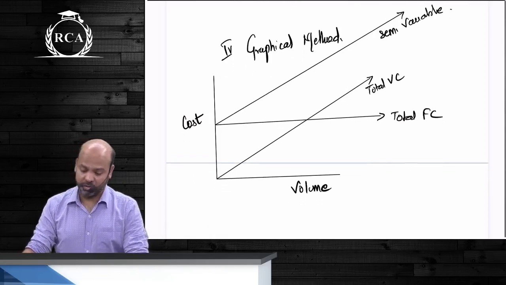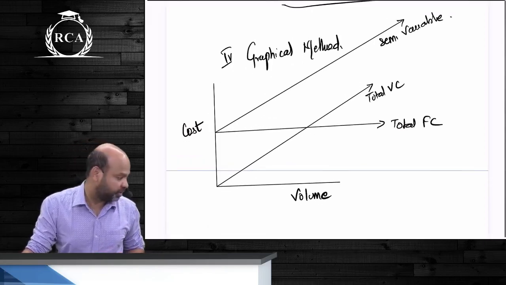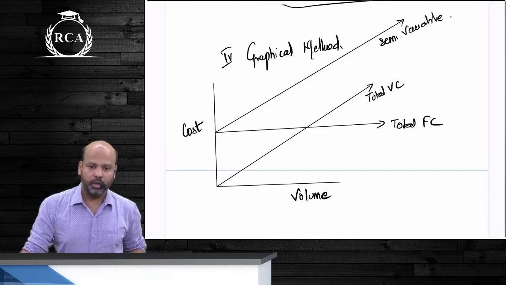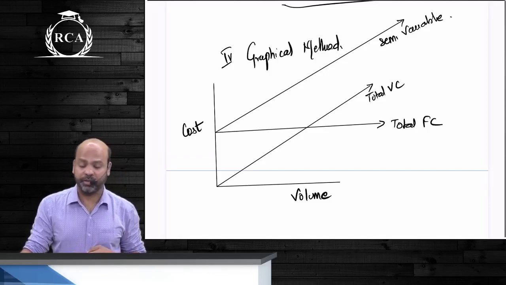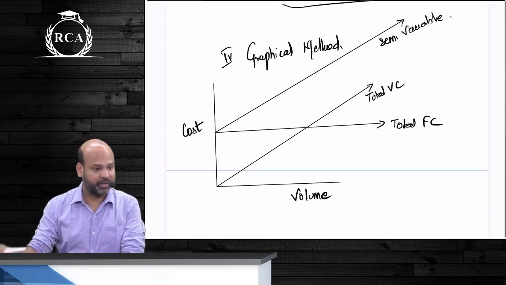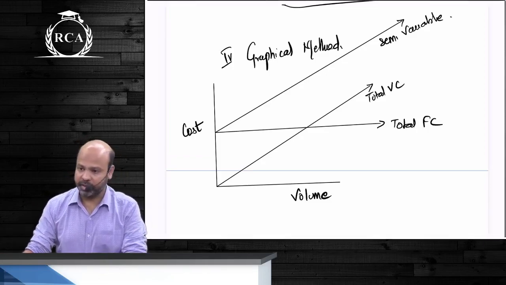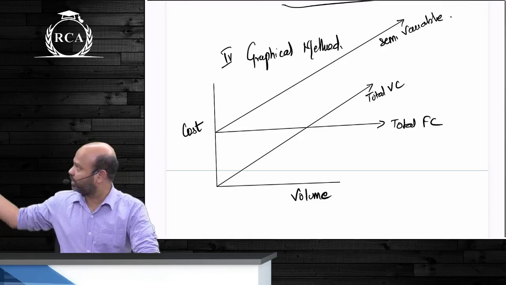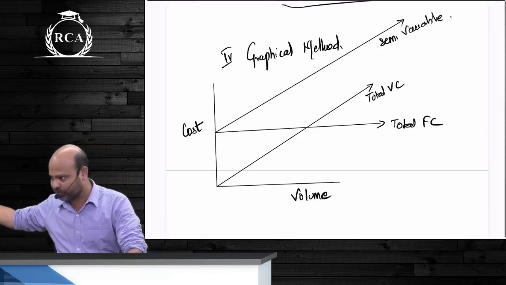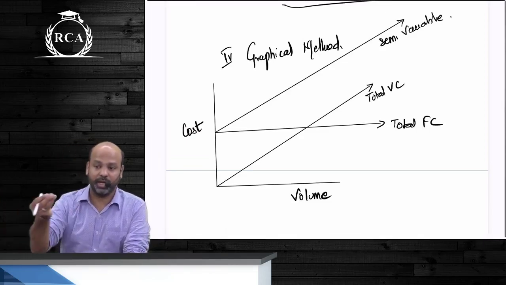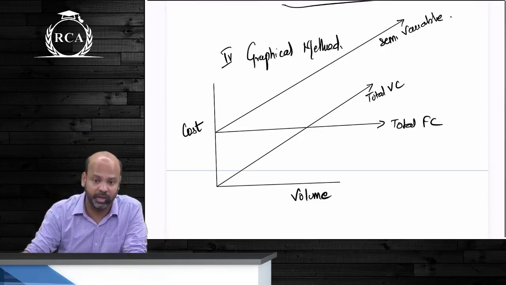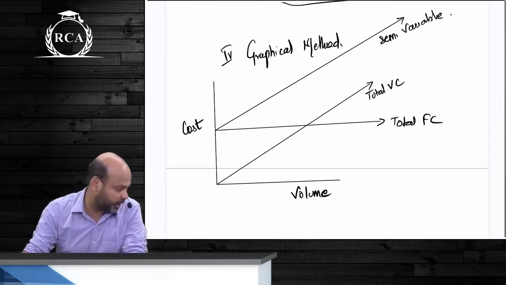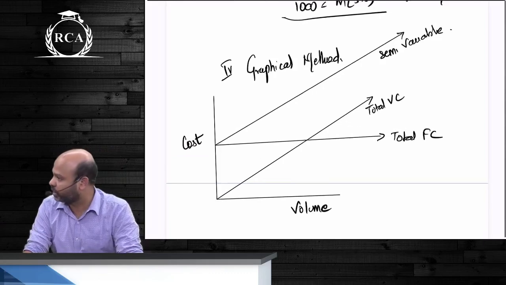Even if you manufacture 0 units, you will be incurring some amount of fixed cost. That is why it is semi-variable. Are we understanding this, guys? Think of semi-variable like total cost, variable as well as fixed put together. If there is both variable and fixed, isn't the total cost becoming semi-variable now? So that semi-variable expenditure is going to be a straight line like this.